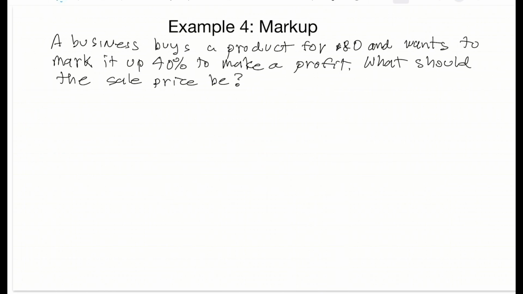Example, let's do a markup. A business buys a product for $80 and wants to mark it up 40% to make a profit. What should the sale price be? Okay, so in this case, we're going to have to figure out the markup first of all.